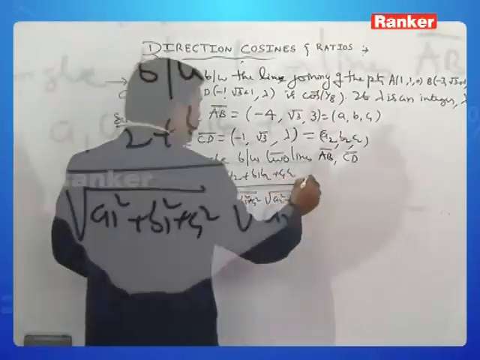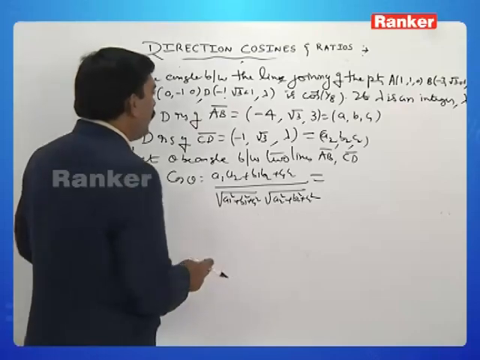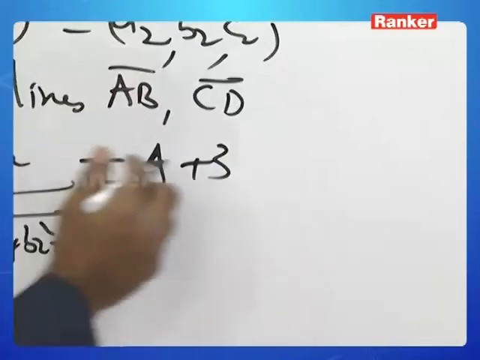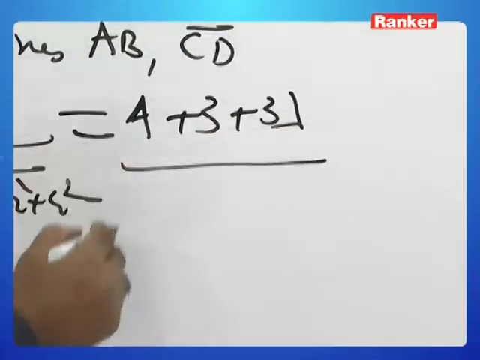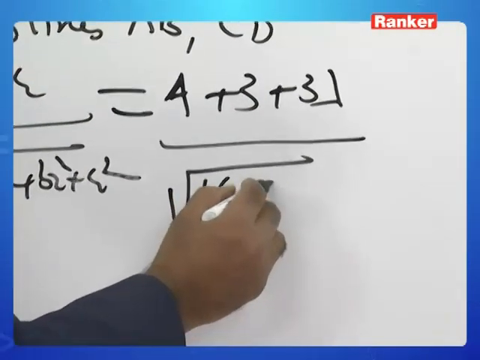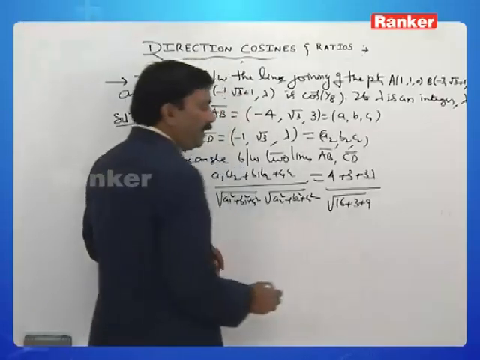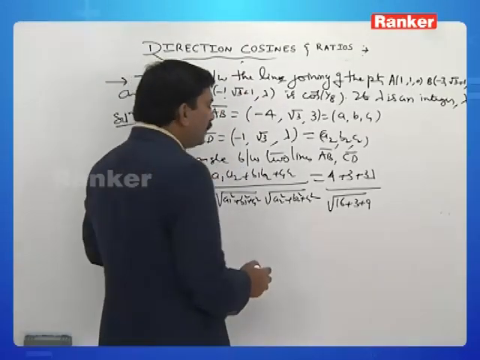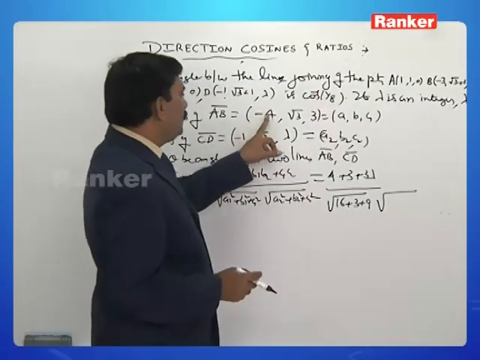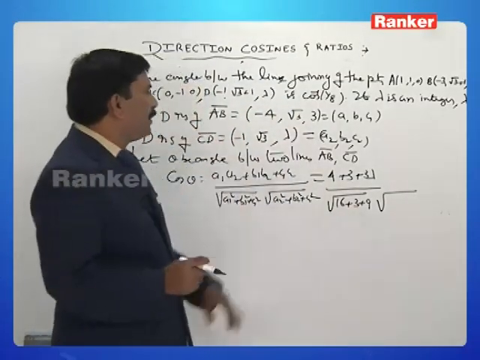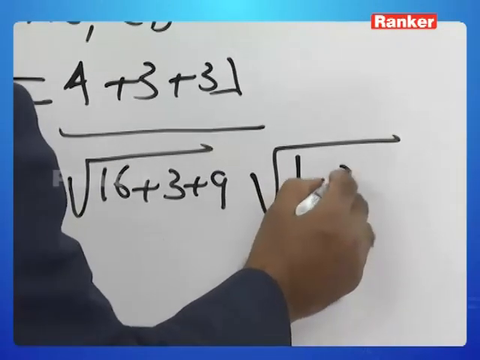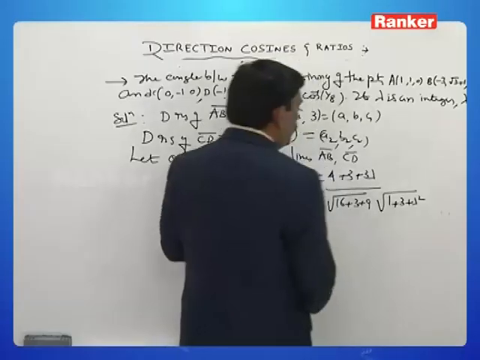So A1 A2 is 4, B1 B2 is 3, C1 C2 is 3 lambda, by square root of 16 plus 3 plus 9, into square root of 1 plus 3 plus lambda square.